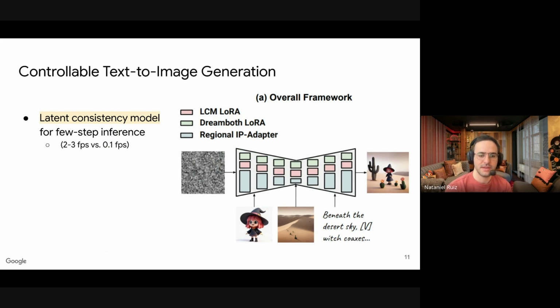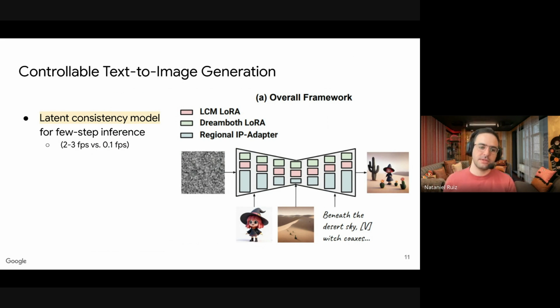So you hit some roadblocks, and one of the roadblocks for sure was this part of controllable text image generation, where we want to have a fast model that generates good quality images, but also be able to integrate a character that we want, and also an environment that we want, and have both of these be consistent.